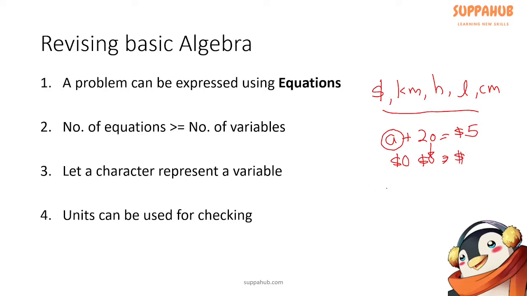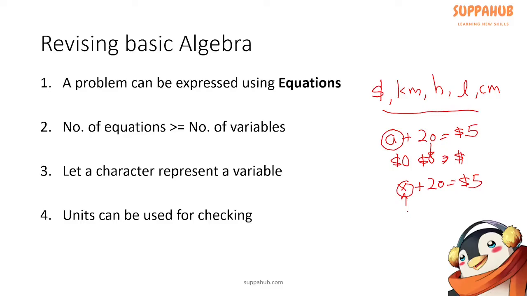Whereas if you write out an equation that is a unit, for example, plus 20 equals $5. Let's say here it's not a dollar form. Let's say here's the number of apples, not the price of an apple. Then what happens is that you will not be matching, right?